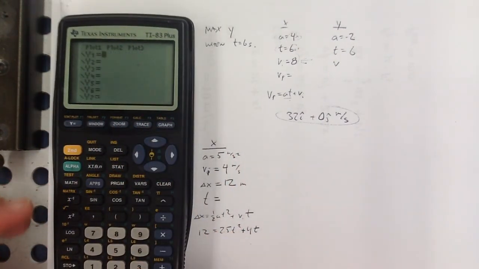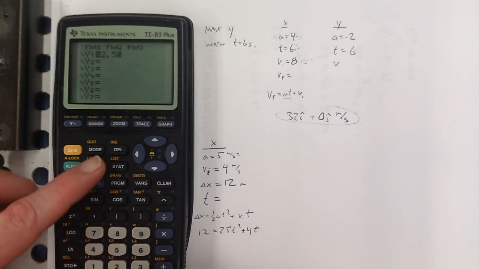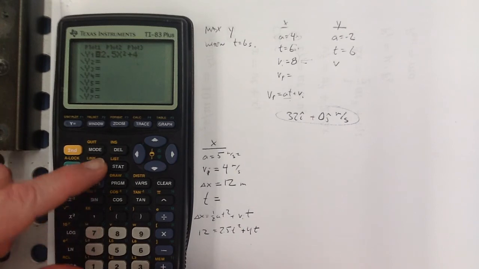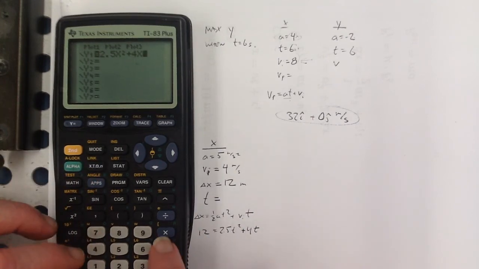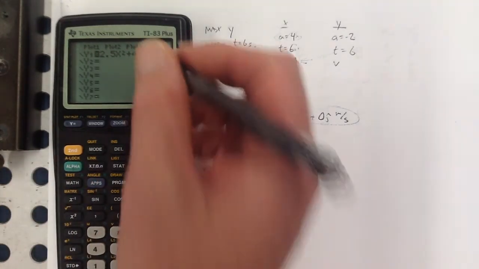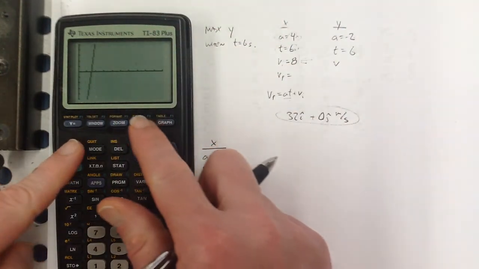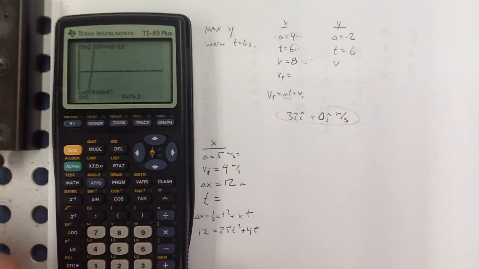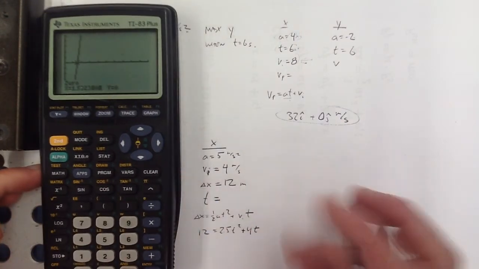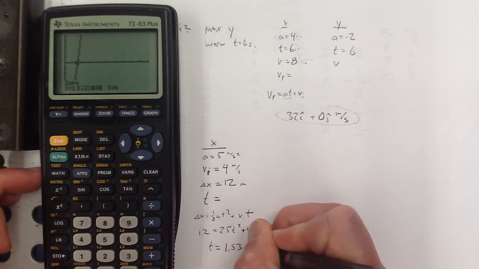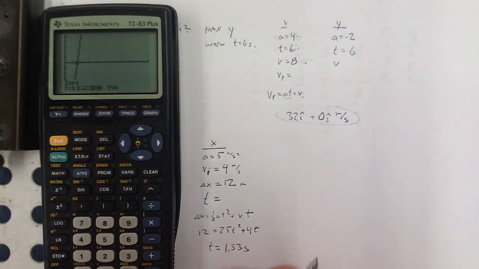Well, I need everything on one side, so I'm going to graph 2.5 t squared, calculator makes an x there, but I'm thinking about t's, and then minus 12. I'd like to see where this crosses. Looks like it crosses right there, between 1 and 2. 1.53 to be more exact about it.